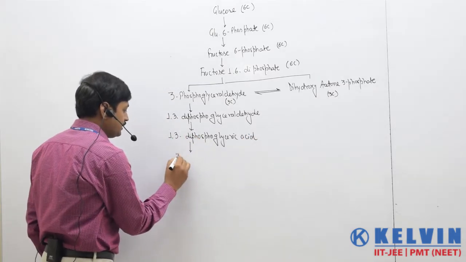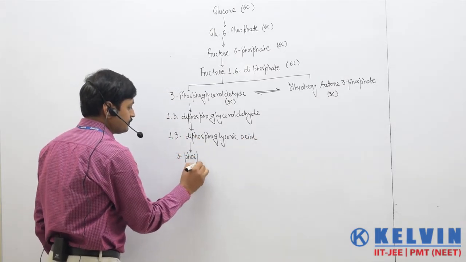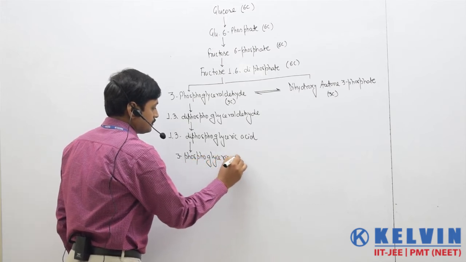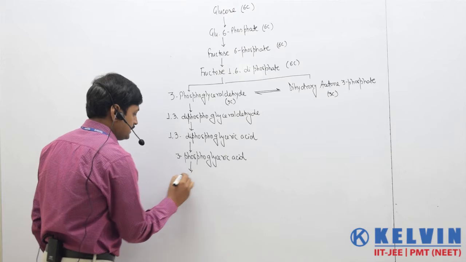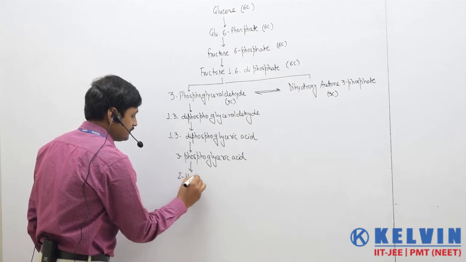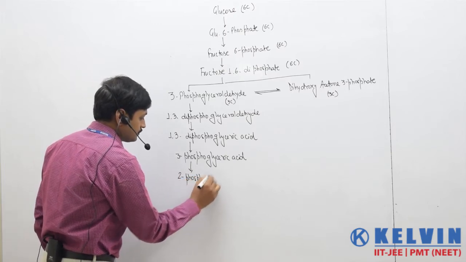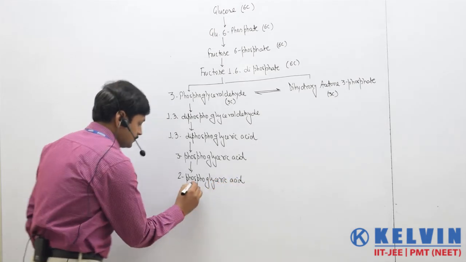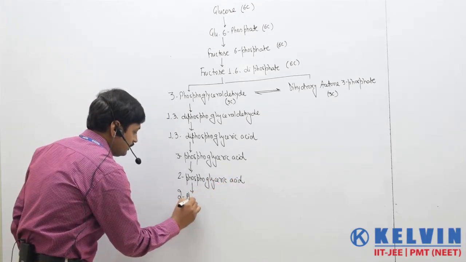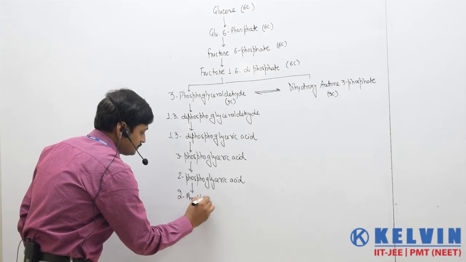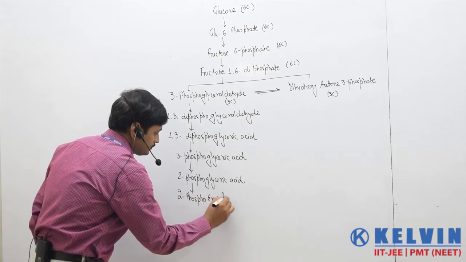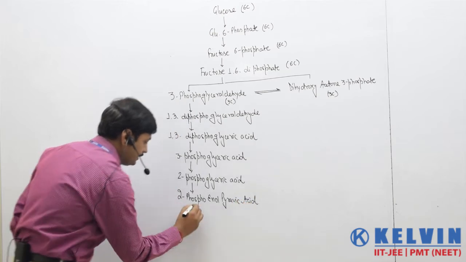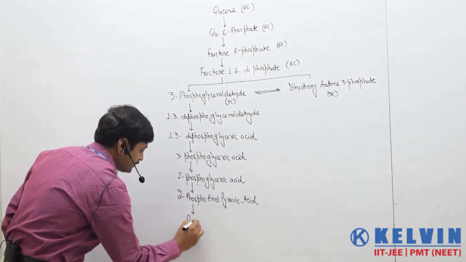It will change into 3-phosphoglyceric acid. Next, 2-phosphoglyceric acid. Phosphoenol pyruvic acid. And finally, that is pyruvic acid.